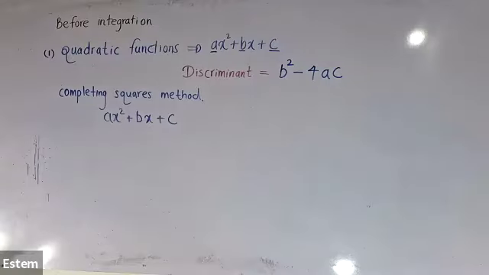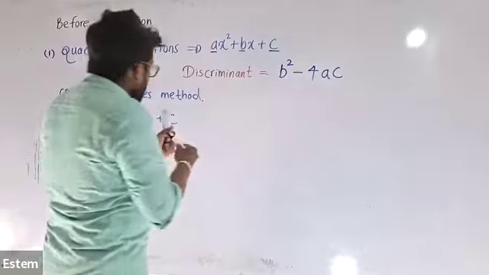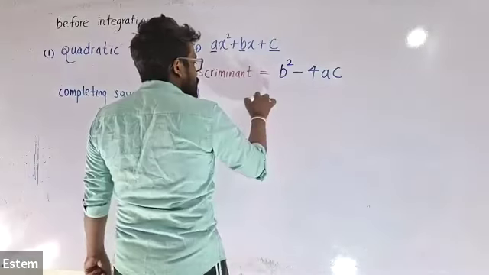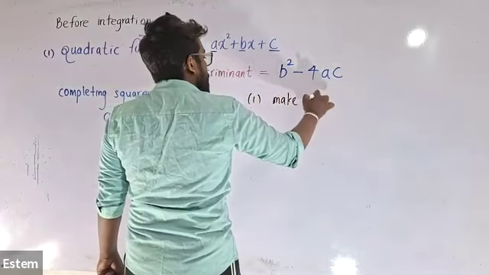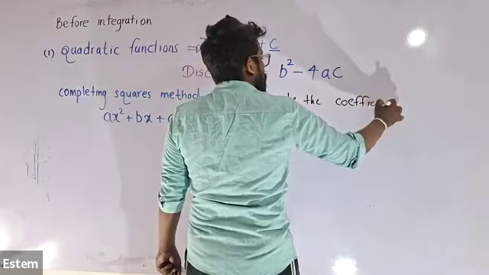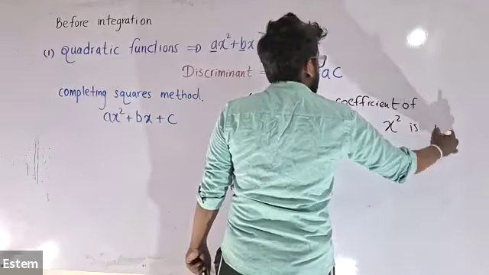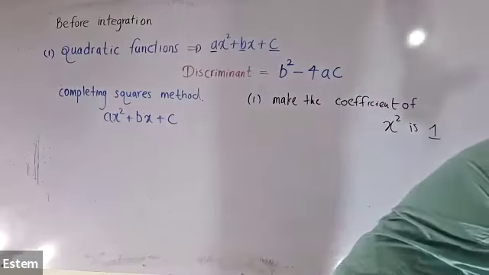How do we apply it? When we apply the completing square method to a quadratic function, the first thing is that you should make the coefficient of x squared equal to 1.